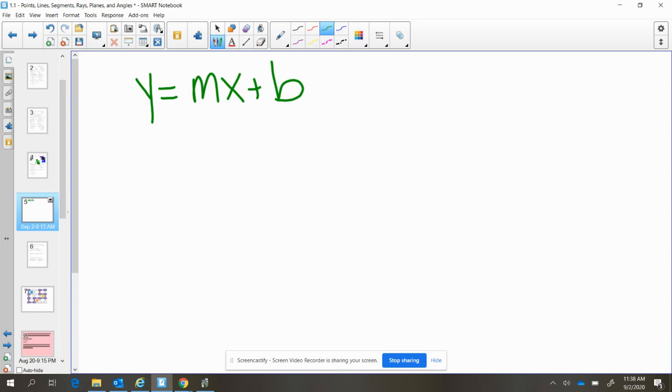Y equals mx plus b. And hopefully this is kind of jarring some things in your memory of long ago of algebra. The m here stands for slope, okay? AKA your rise over your run, change in y over change in x, however you think of that, okay?